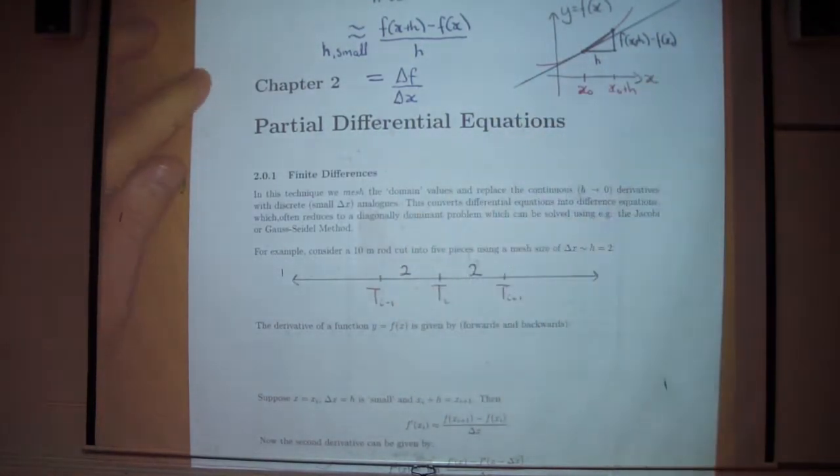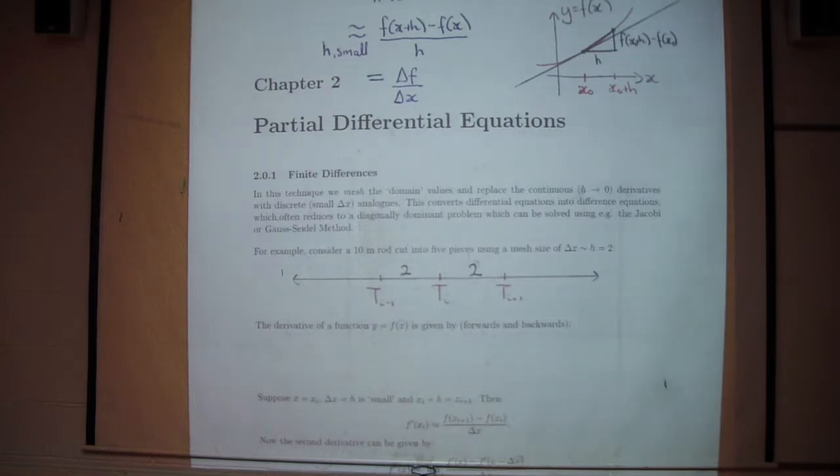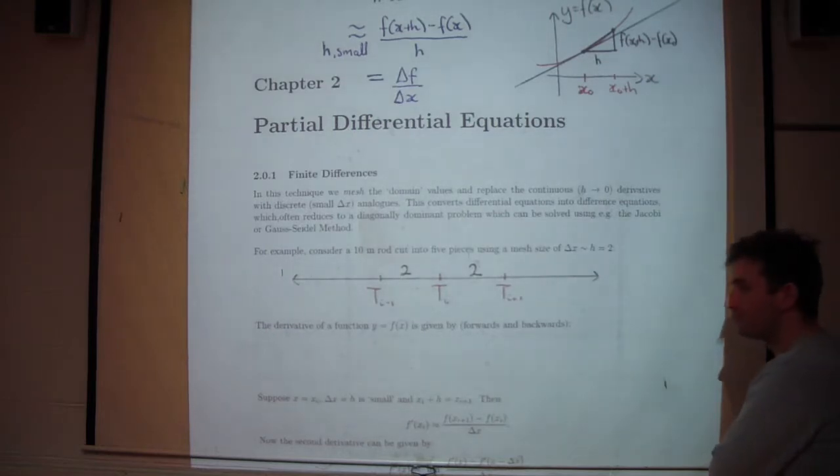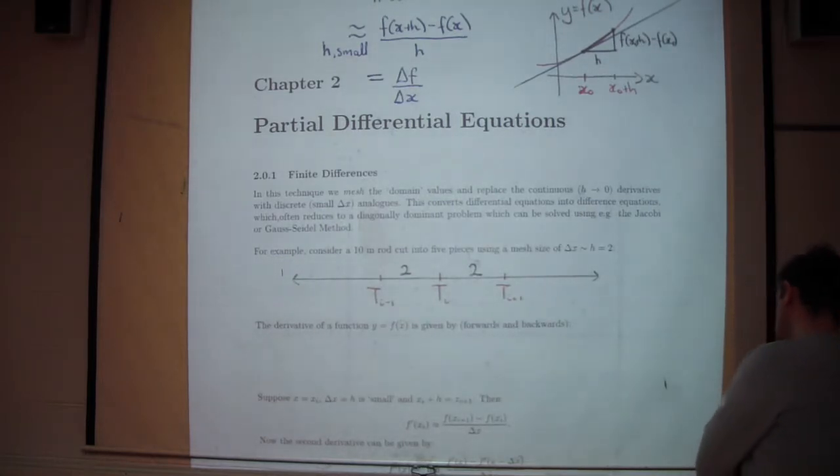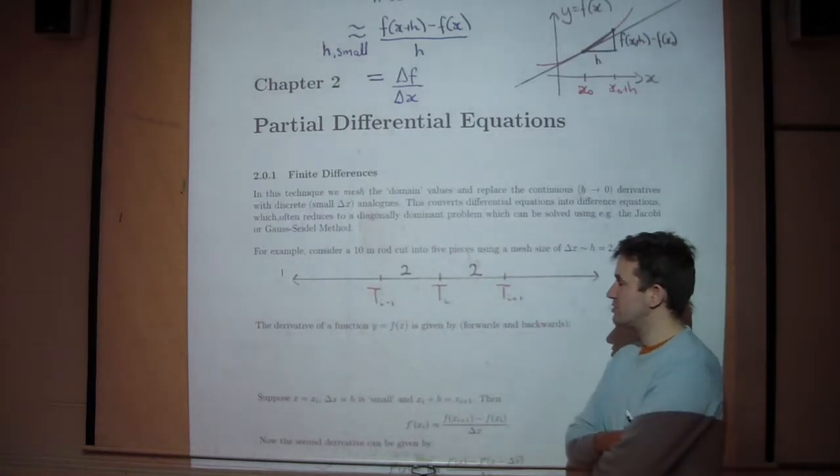Now, there are different derivatives you can do. Approximations of the derivative. Now, I won't argue why all these are, are they equally valid? No. But there are different things you can do.